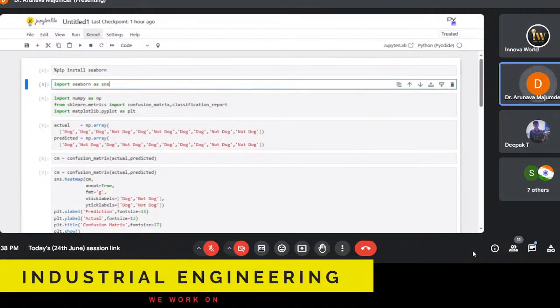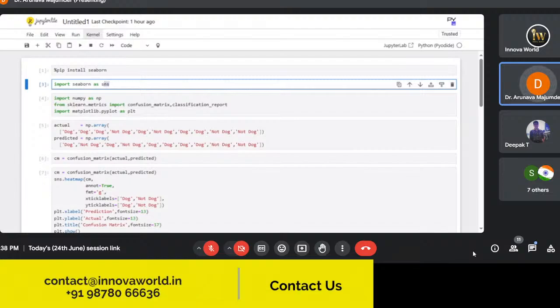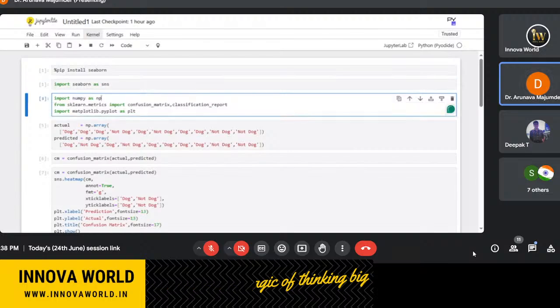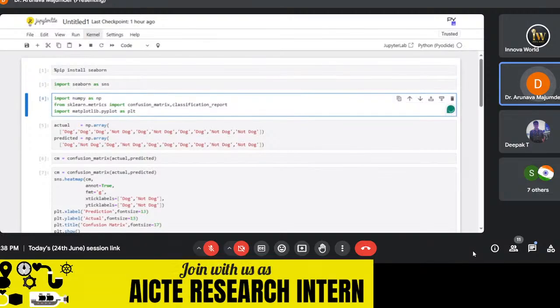After that, you have to import seaborn as sns. You can use any other name also, but generally we use sns for Seaborn. Then import numpy as np; you can use another name also.